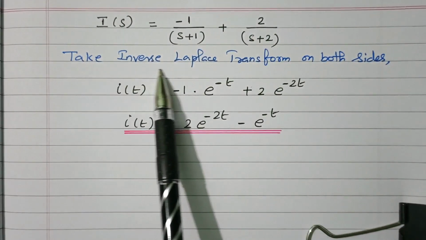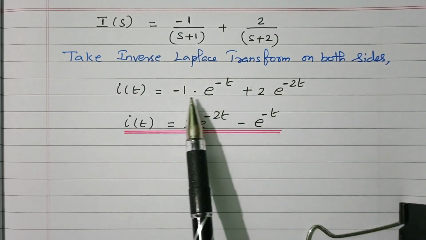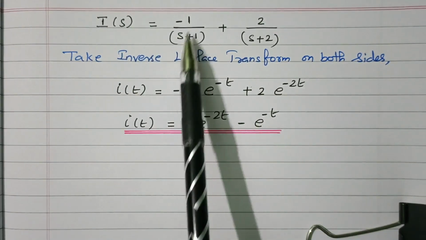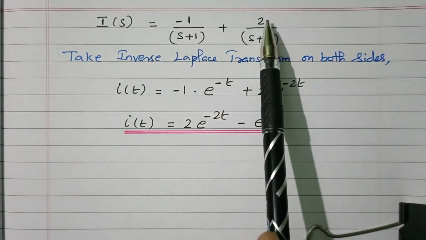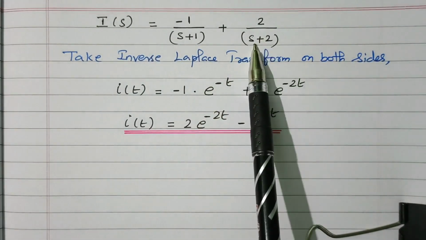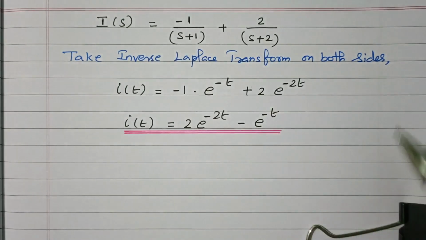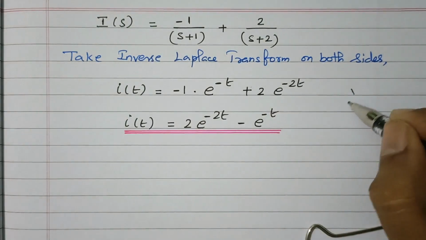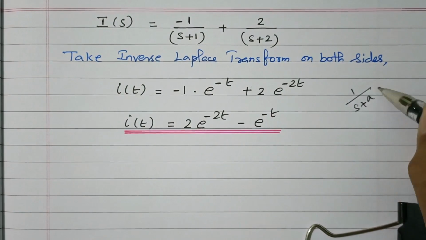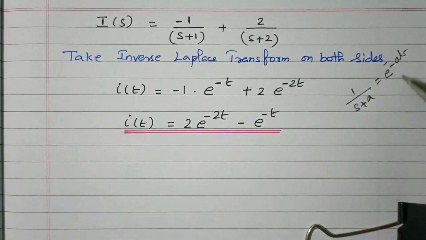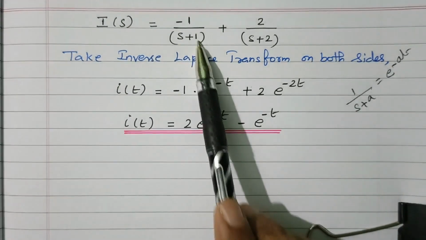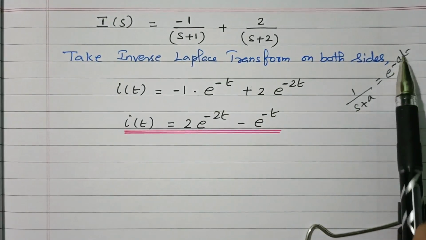Now we'll take the inverse Laplace on both sides. Minus 1 is a constant. 1 divided by s plus a is nothing but e power minus at. 2 is a constant, and 1 divided by s plus 2 gives e power minus 2t. The formula is the inverse Laplace of 1 divided by s plus a equals e power minus at. Here plus means minus. In the first case a is 1, so e power minus t.